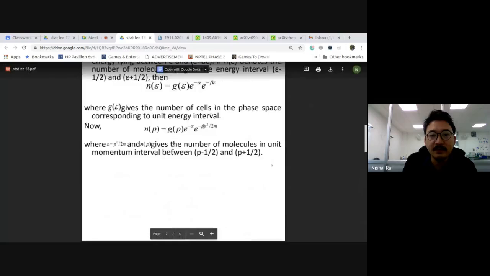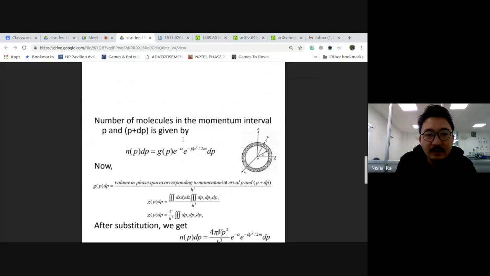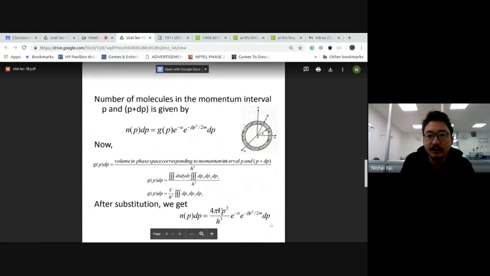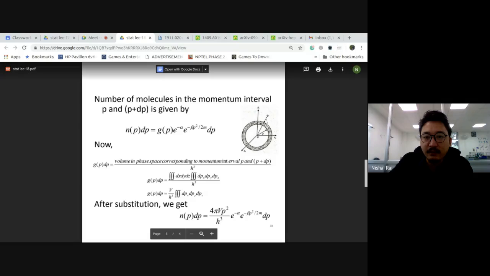Now how do you determine this? The number of molecules in the momentum interval between p and p plus dp is basically this one. Similarly, you have that expression, you can directly substitute it over here. This is just that small cell, this small spherical cell sitting over here, the shaded region. This is just the distribution given for this.